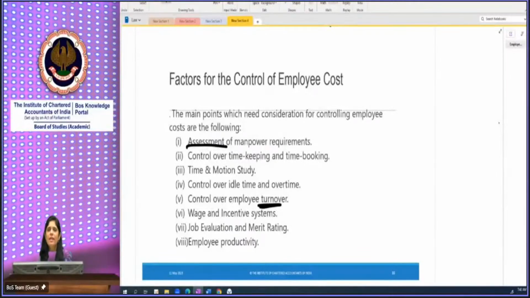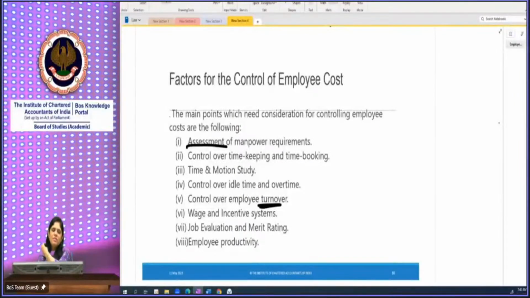When an old employee who has been working for the last 10 years leaves, the organization suffers, because the new worker who has joined will take time to show that much efficiency. So every organization should control employee turnover. Not many employees should leave. And even if new employees are joining, they will take some time to give you that productivity which the older employees were giving you.